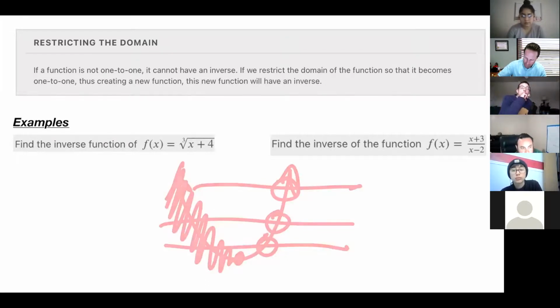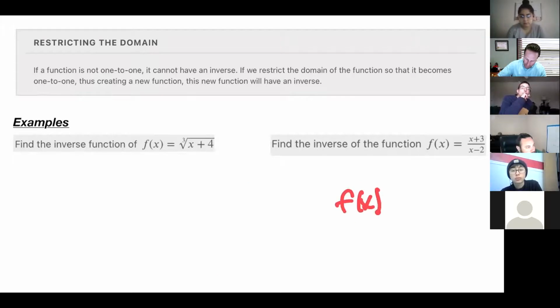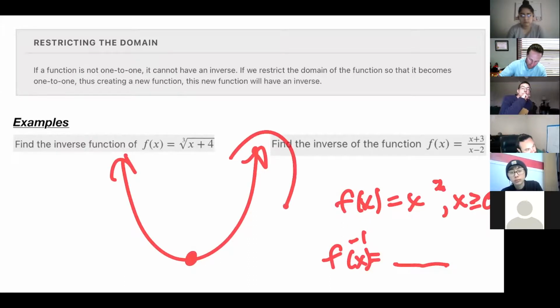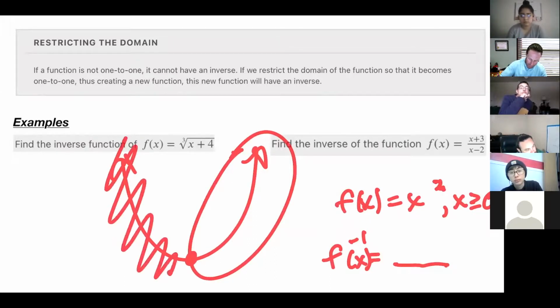So we have some function like a parabola, but in order to find the inverse of it, we're going to say let x only be greater than or equal to 0, so that when we graph this, we will only be looking at this half of it and not this half. That way its inverse will also be a function.